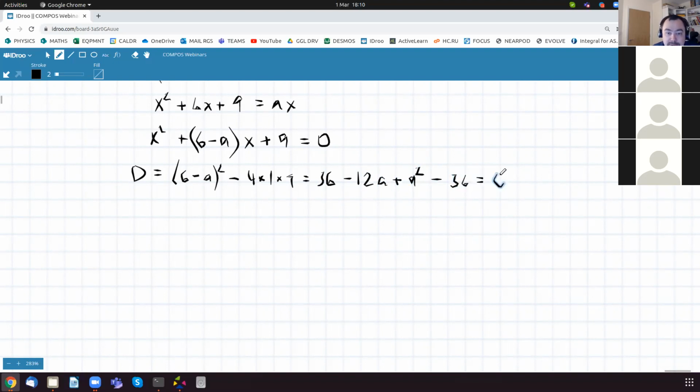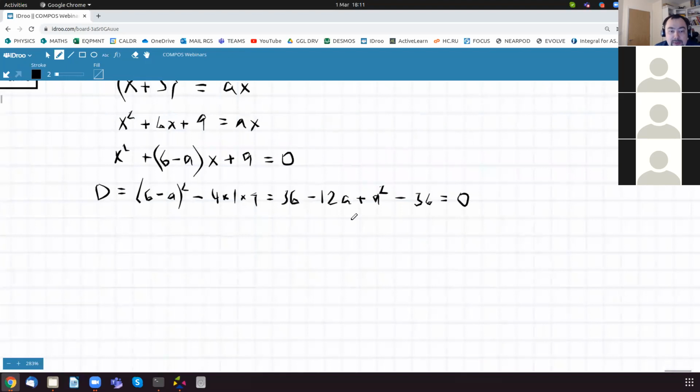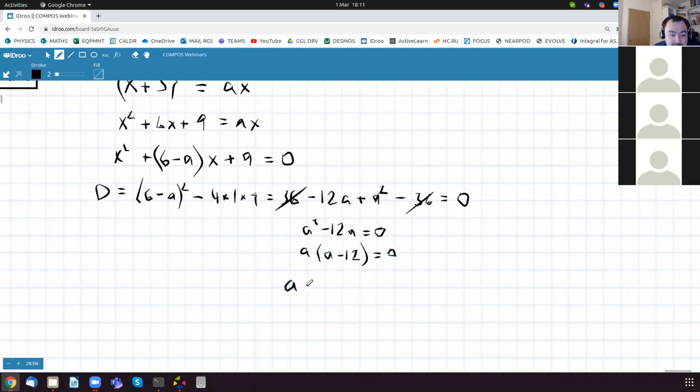And this has to equal 0, because a quadratic equation has exactly one root when the discriminant is 0. So 36 cancels, and we've got a squared minus 12a equals 0. So that means a times (a minus 12) equals 0. So from here it means a equals 0 or a equals 12.